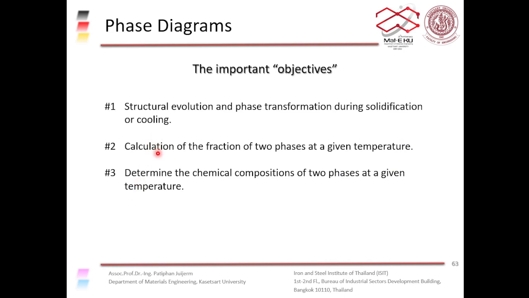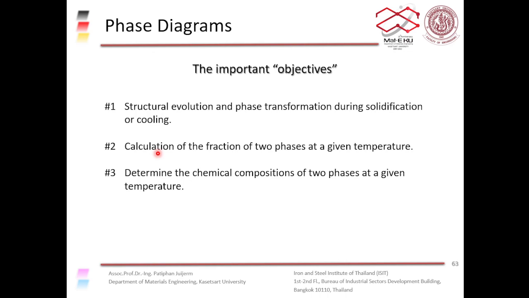Okay, so when we have a phase diagram, there are three main objectives that you should be able to do, right? The first one is you should be able to describe the structural evolution and phase transformation during solidification or cooling, right? So what happens to an alloy of a specific composition as it is cooling down from molten metal, from liquid metal?